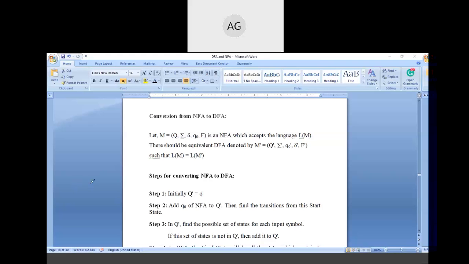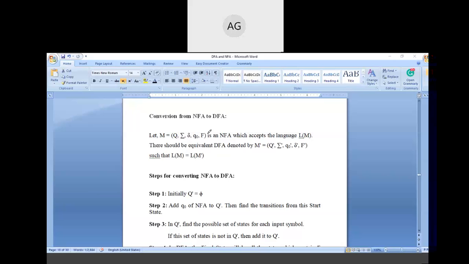So in the last class, we started solving questions related to the conversion from NFA to DFA. But in today's class, I am going to discuss the first algorithm through which the NFA can be converted to DFA, and later on we will discuss the questions related to it.